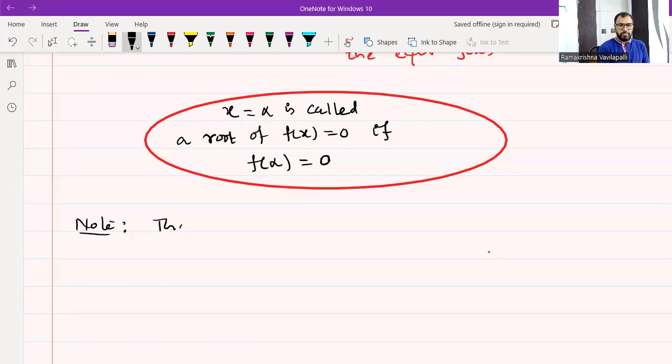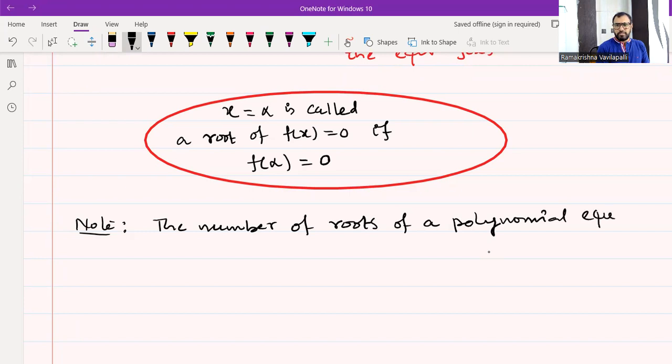The number of roots of a polynomial equation is equal to the degree of the polynomial equation.